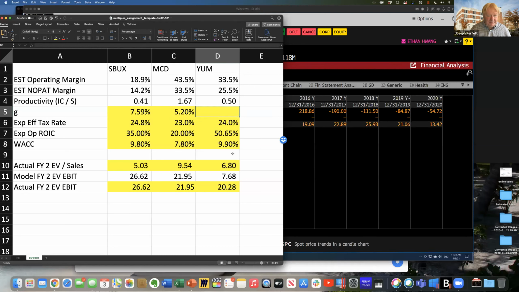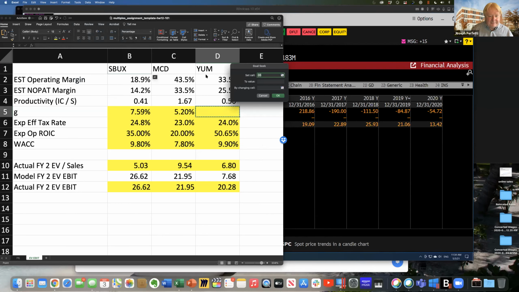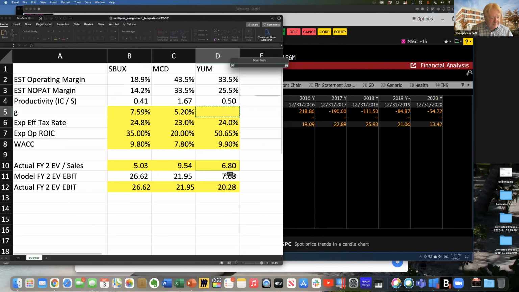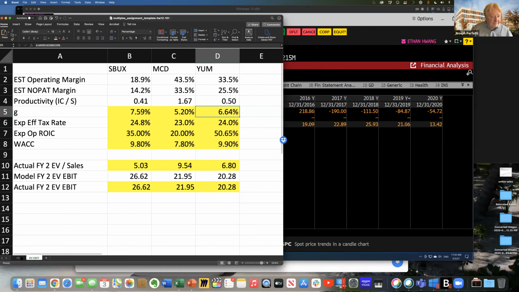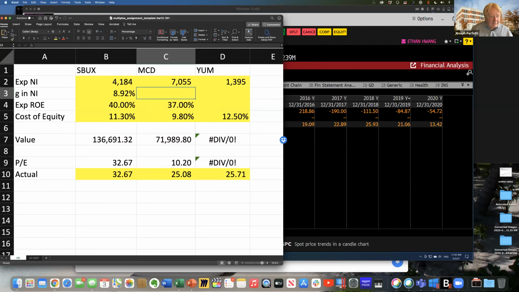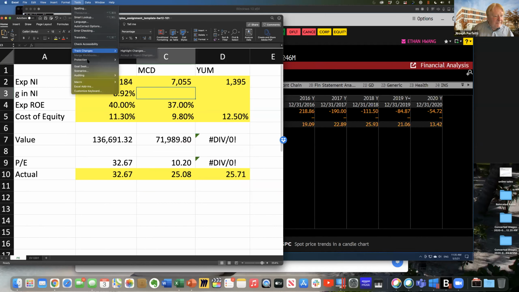And then Yum, I actually think if you look back, these numbers probably do look more representative. So I don't think I was going to change the Yums. I think for McDonald's, let's do a little goal seek for that.